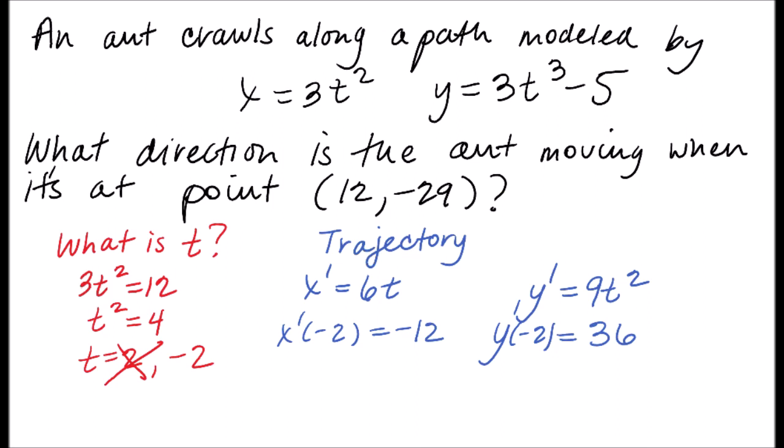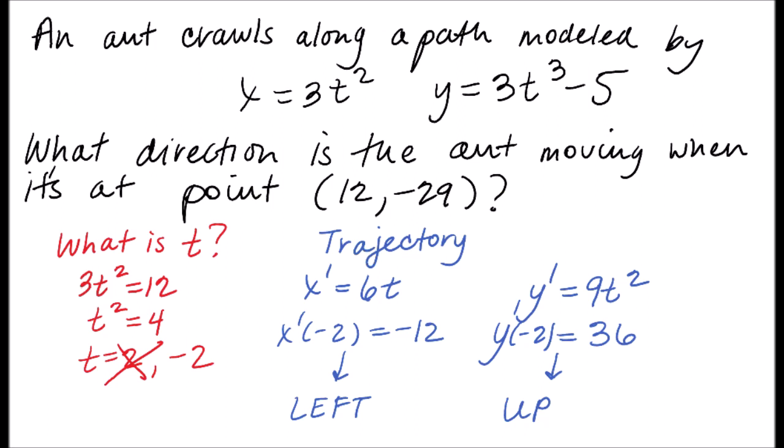Now, if x prime is negative, that means x is decreasing, meaning the thing is going to the left. And if y prime is positive, that means y is increasing, meaning the thing is going up. So it would be up and to the left.